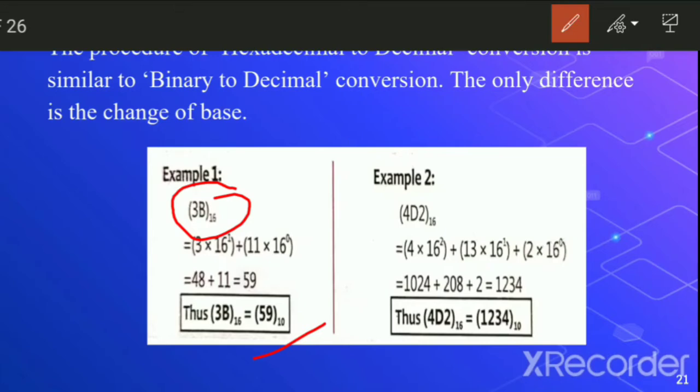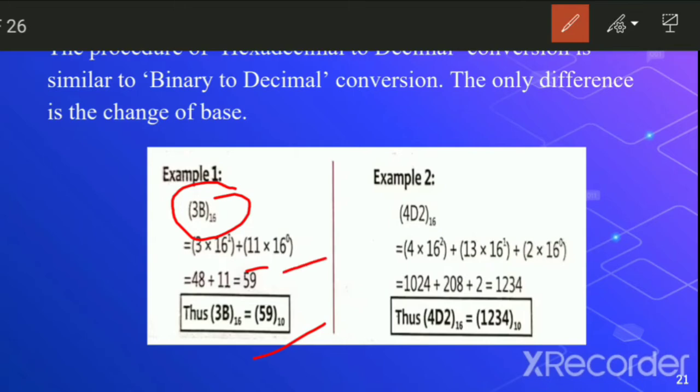The procedure is same: we have to start from the right side and multiply the digits by the increasing power of 16. See, in hexadecimal, A represents 10, B represents 11. So we will multiply this 11 by 16 raised to power 0.